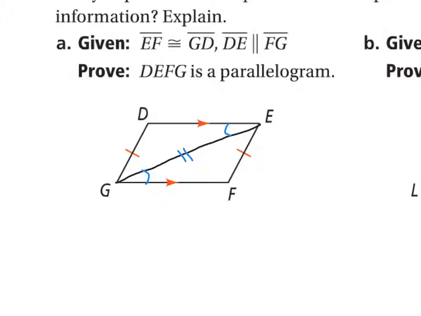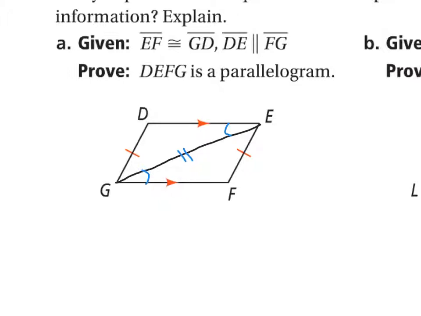Well, does that help me? Is that giving me enough information to say that I have a parallelogram? No. Why not? Do I have congruent triangles? No. I don't have congruent triangles, because these triangles are trying to say that they're congruent by angle side side.